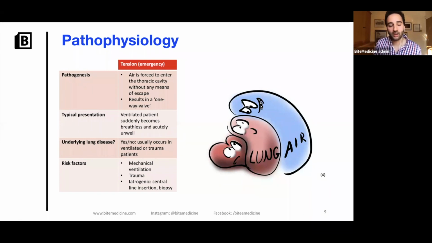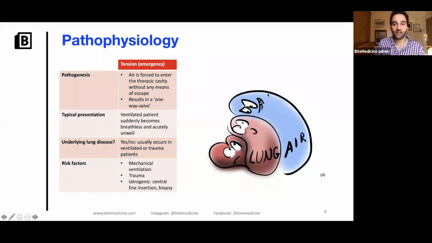Why this occurs is because injured tissue forms this one-way valve which allows airflow into the pleural space during inhalation and then doesn't allow that air to leave. So things like trauma and mechanical ventilation can cause the formation of that one-way valve. The air continues to build up within that pleural space and it can't go anywhere. So then it just pushes your entire mediastinum in the opposite direction.